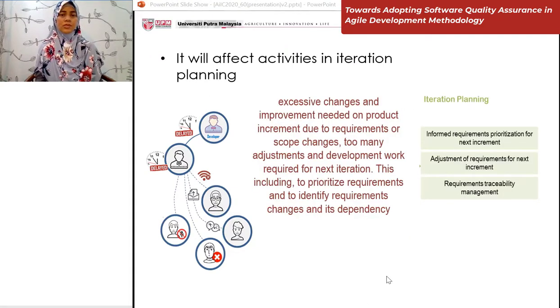Because of these two obstacles, it leads to excessive changes, and a lot of improvement is needed on the product increment due to requirement or scope changes. This can lead to too many adjustments and development work required for the next iteration, including prioritizing requirements and identifying requirement changes and their dependencies.